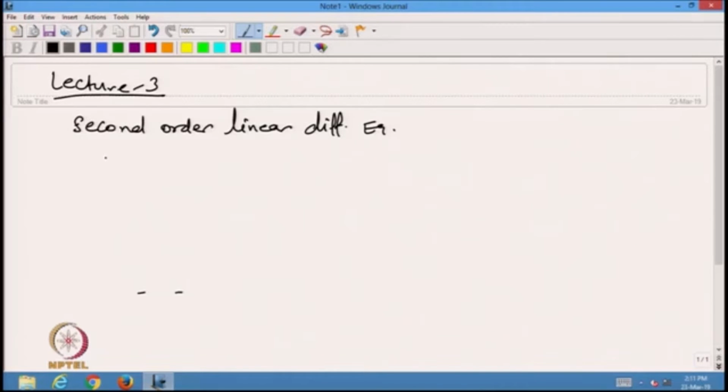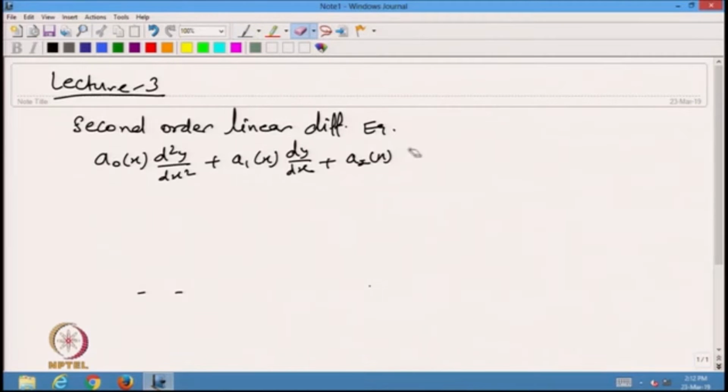I write the linear differential equation as d square y over dx square plus a1(x) dy by dx plus a2(x) y(x) is equal to 0. Here I am talking about the homogeneous form.